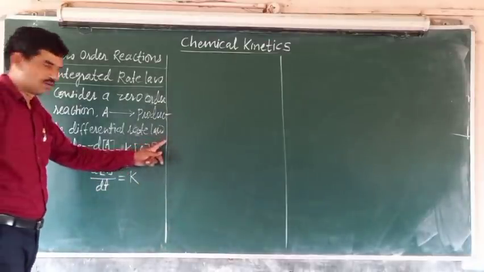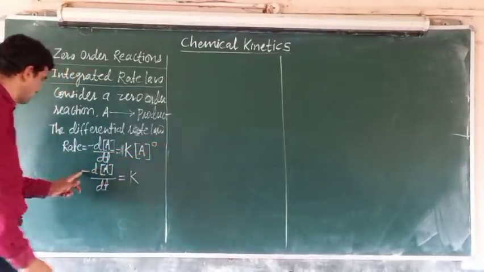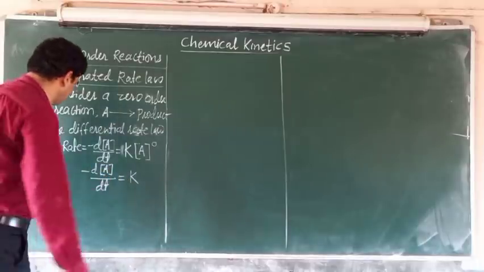A raised to power 0 is equal to 1, therefore minus dA by dt equal to k.